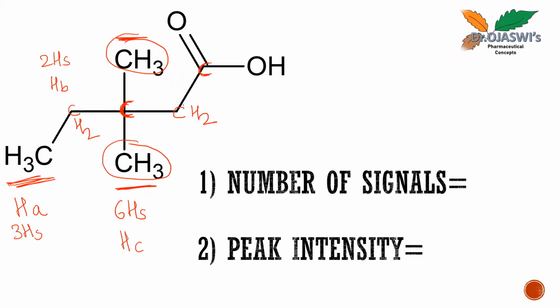Then next, this CH2. These 2 hydrogens will again give us the same peak. There is no hydrogen on this carbon, and this hydrogen which is attached to oxygen will give us a different peak. So in the NMR spectrum of this particular structure, how many peaks would be there?